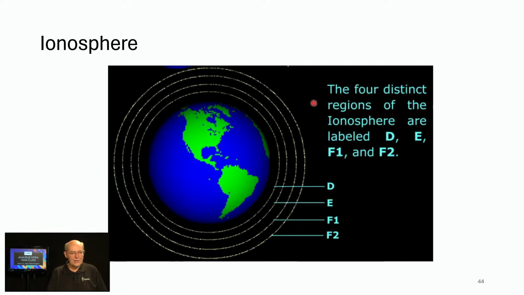I've got some bonus material at the end that describes how they figure these out, how they can actually measure them. Here's the Earth, and these are the different regions. This is massively not to scale. It's just shown this way for clarity. The layers are much, much closer to the Earth, actually.